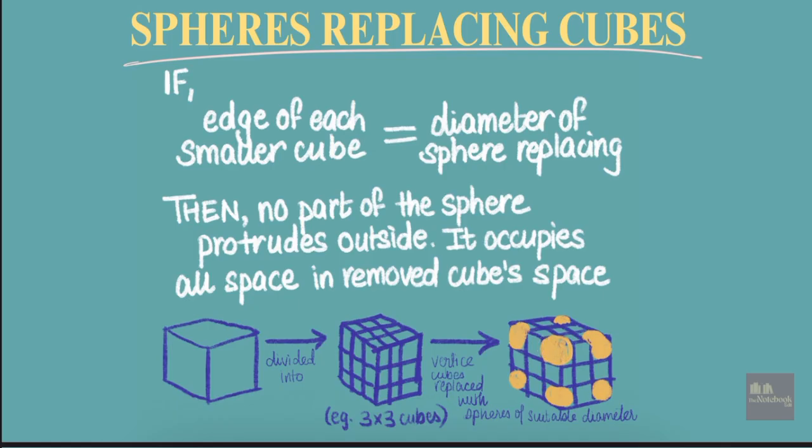Okay, now one thing that we have to make sure is that if the edge of the smaller cube, okay, basically if this thing is equal to the diameter of this sphere, then no extra part will be outside, no part of the sphere will protrude outside. It will occupy all the space that is removed in the cube's space itself. Nothing will come outside of this.